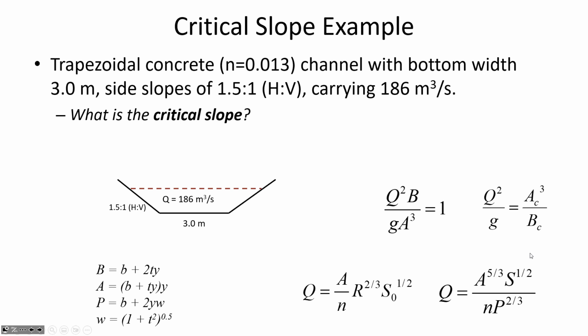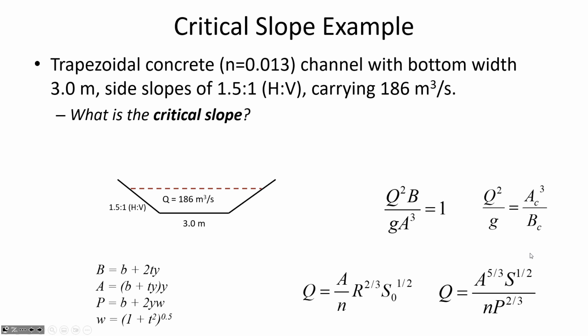And so the slope under critical conditions, so S sub C means the slope that causes critical depth. We now substitute in the given N value of 0.013, the given flow rate of 186 cubic meters per second, the known area 37.837 meters squared, and then the hydraulic radius of 2.119 meters needs to be taken to the power of 2/3, and then all of that is squared.